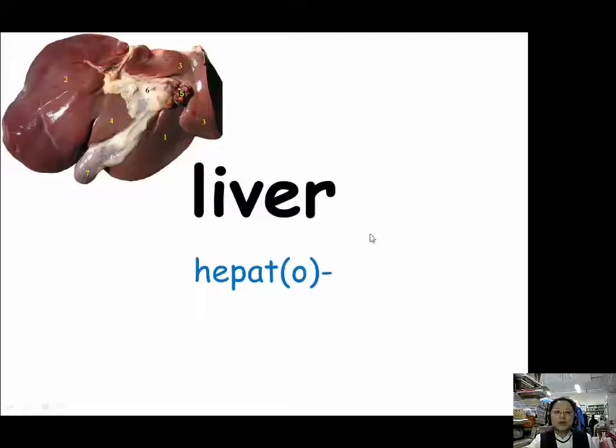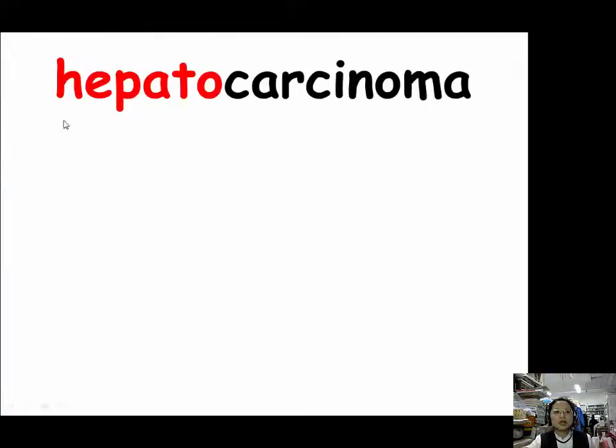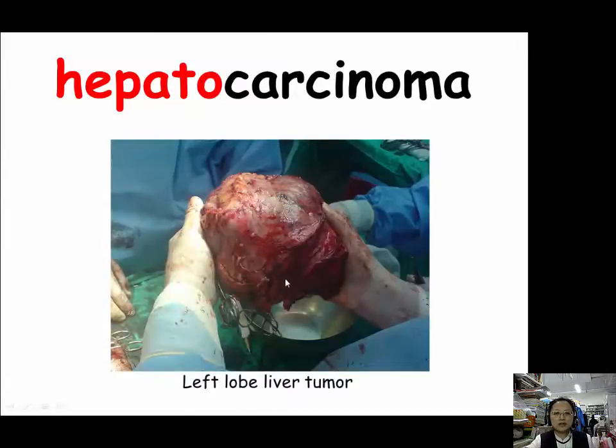For liver, we use one prefix, hepato, H-E-P-A-T-O. Our example for hepato is hepatocarcinoma. Hepatocarcinoma is cancer of the liver. In this picture, it's a surgery in which they remove a really big liver tumor from the patient's left lobe.